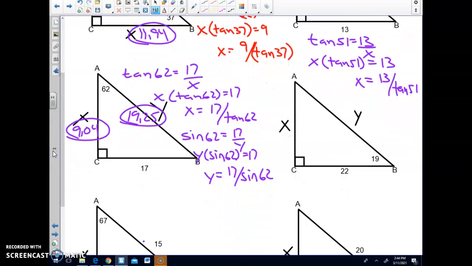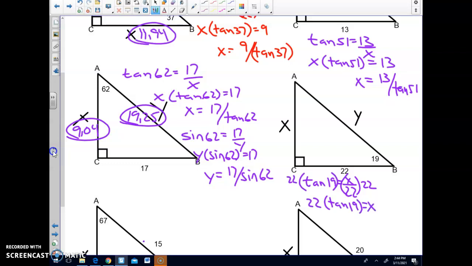Alright, over here. Now with tangent it's going to be a little easier on this one. The tangent of 19 is equal to x over 22. Okay, the opposite side is what we're trying to find. So we literally just multiply both sides by 22. And my answer is 22 times the tangent of 19, and that's what equals x.